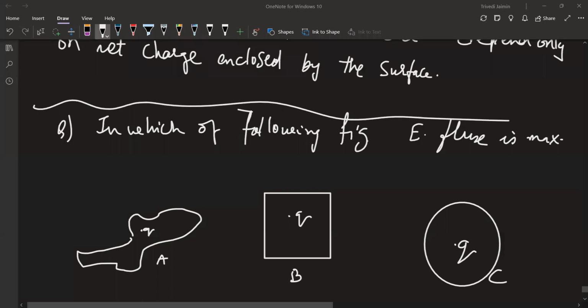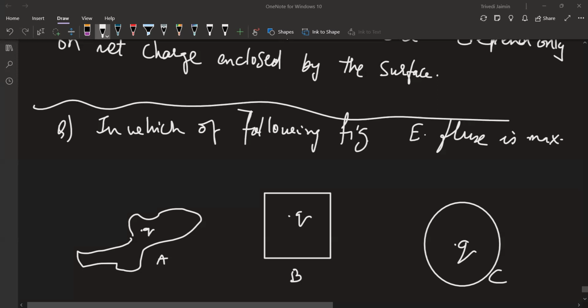Jafar. What do you think, Divya? What do you think of this? A, B. B. Okay. Varsha, what do you think?